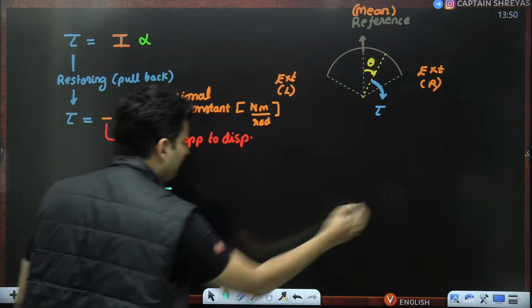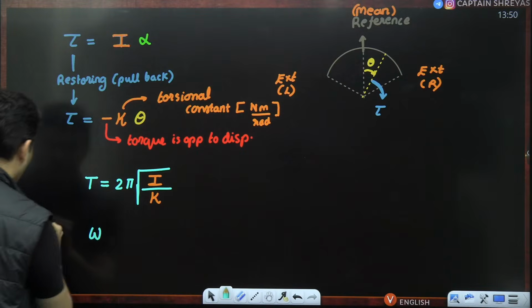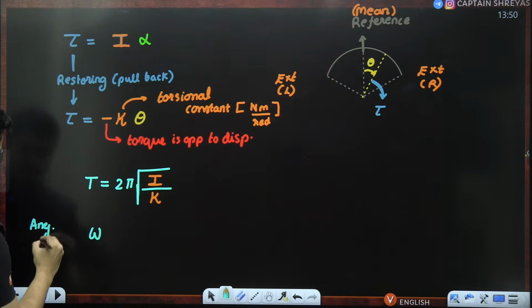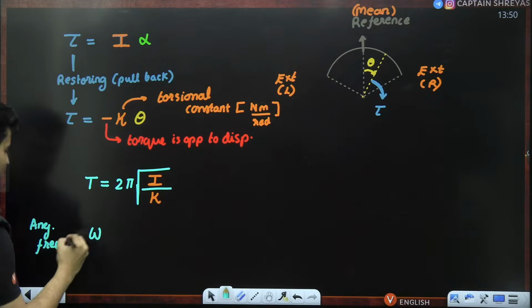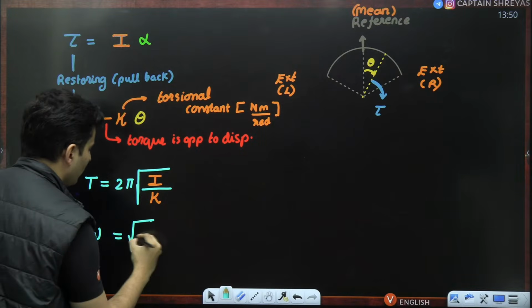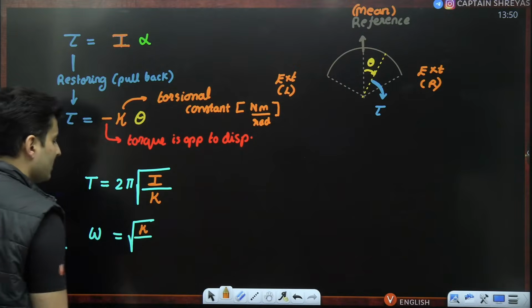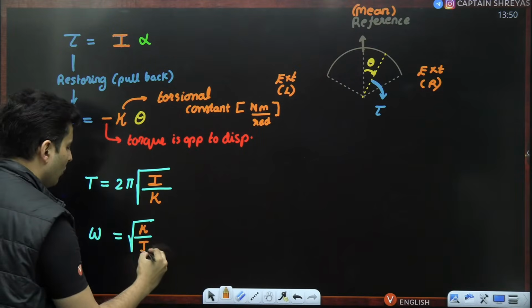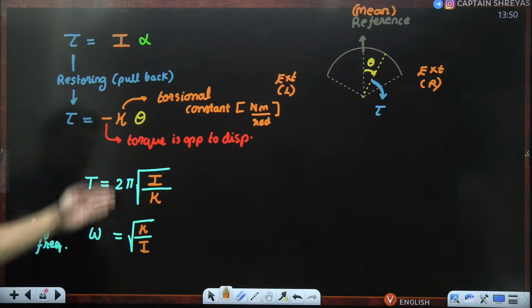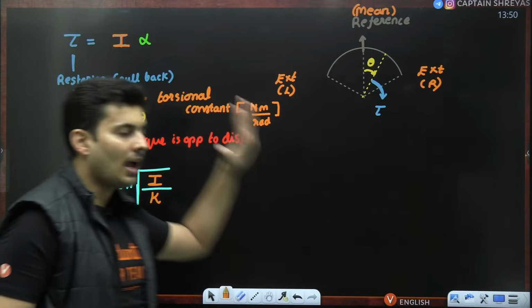Same thing even for angular frequency. This is your angular frequency, not speed. This omega will be root of spring constant replaced by torsional constant, mass replaced by moment of inertia. So all the formulas are still applicable.